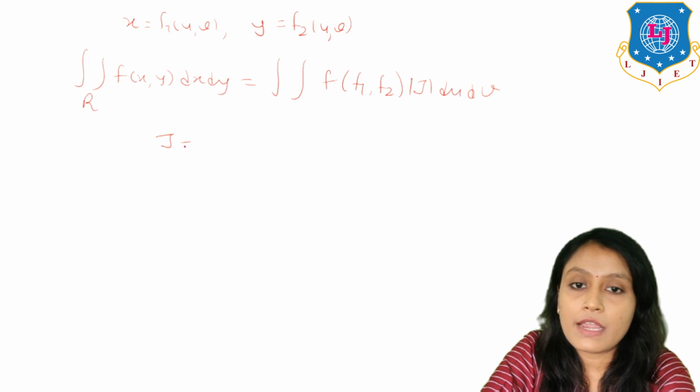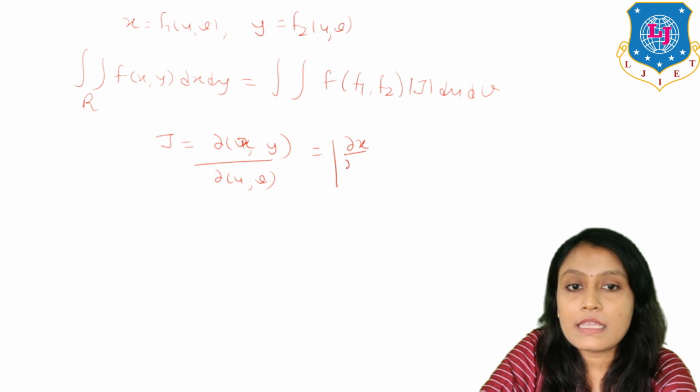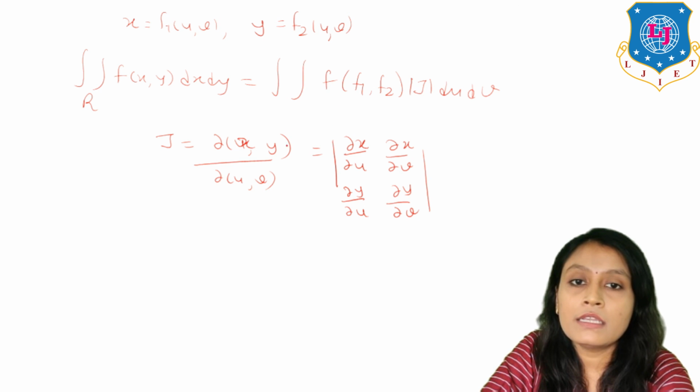So firstly we will find this Jacobian by the formula ∂(x, y)/∂(u, v), which is given by the determinant with ∂x/∂u, ∂x/∂v, and ∂y/∂u, ∂y/∂v. So we have to evaluate this Jacobian, substitute it and integrate it.